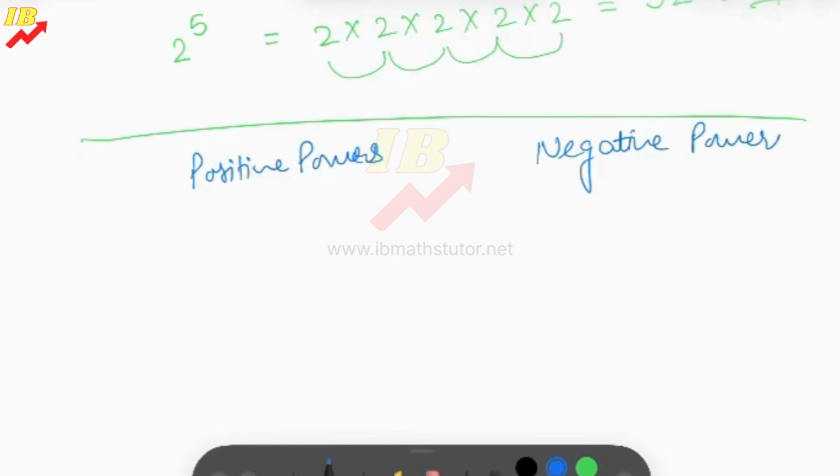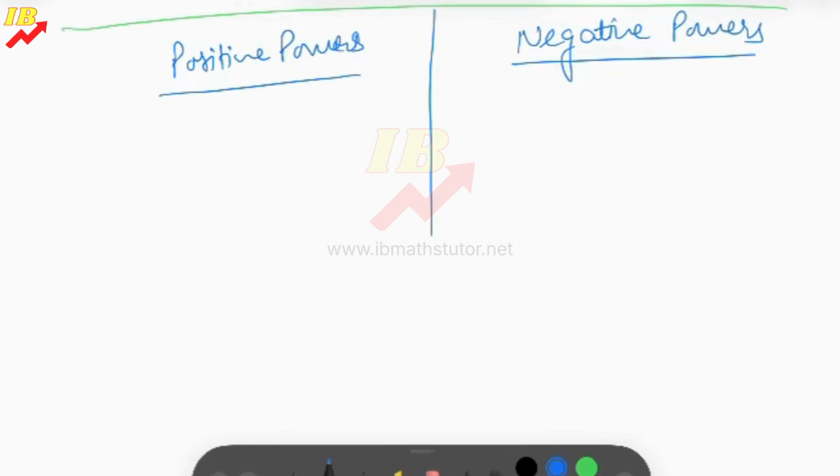You need to understand one thing, which is even and odd. Positive stands for the even cases: you get a positive answer when you have an even power on the base. And when you see a negative answer, that means you have an odd power.